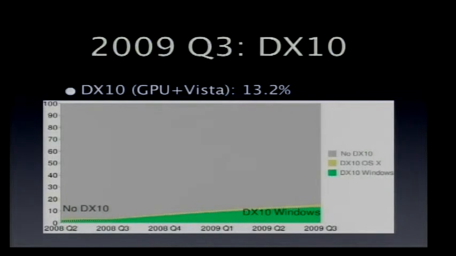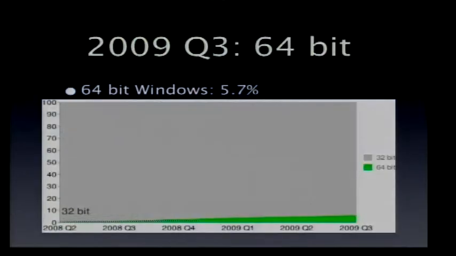If the trend continues to be the same, then maybe in 5 years, half of the population will be able to use DirectX 10. And it's even worse for 64-bit Windows. Almost no one is using that yet. Of course, at some point, everyone will be using that, but that will probably happen in 10 years, I don't know.